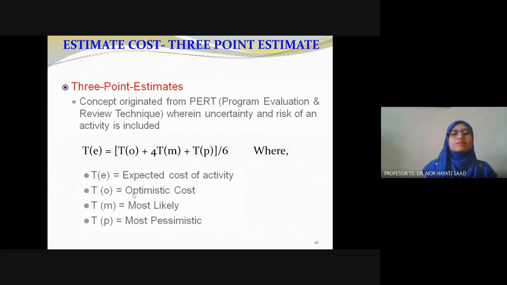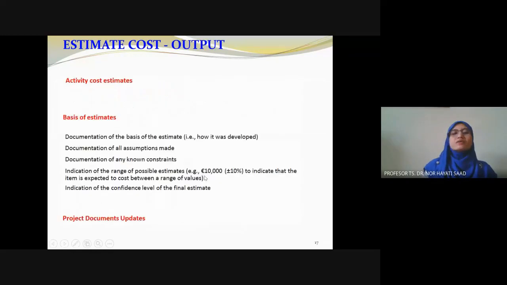M is the most likely or average cost, and TP is the most pessimistic, the worst-case scenario, normally the highest cost. Then we multiply the most likely by 4, add the others once each, and divide by 6 to get the expected cost of the activity. This gives us the cost estimation based on the 3-point estimate.